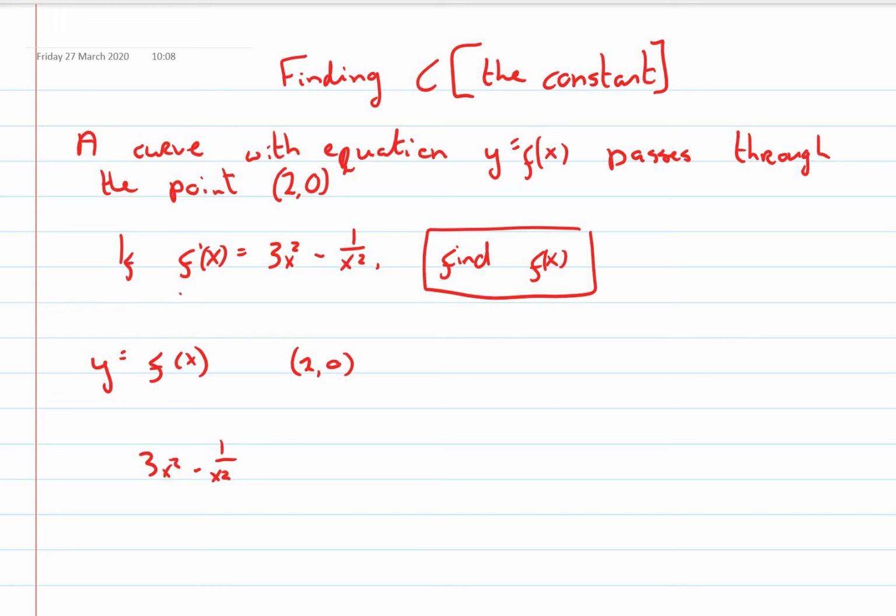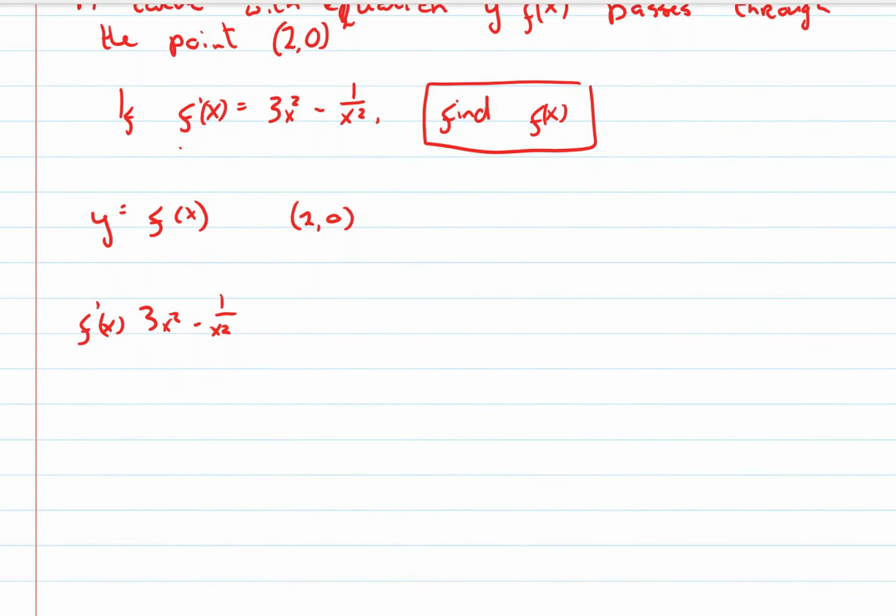Well, this is f'(x), differentiated. So in order to find f(x), I'm going to have to integrate that function. So it'll be the integral of 3x squared minus 1 over x squared dx.